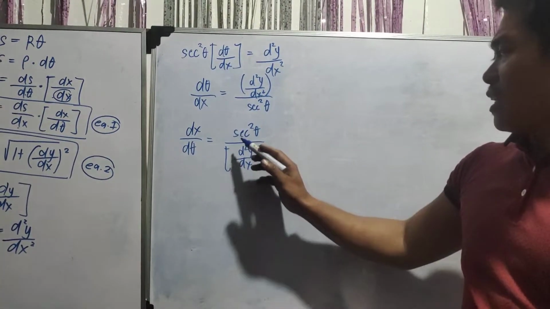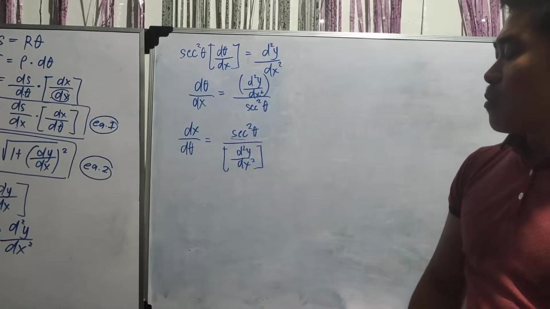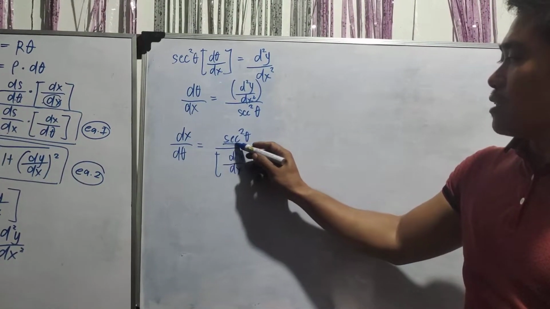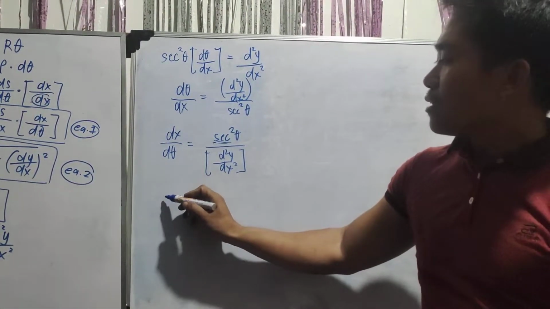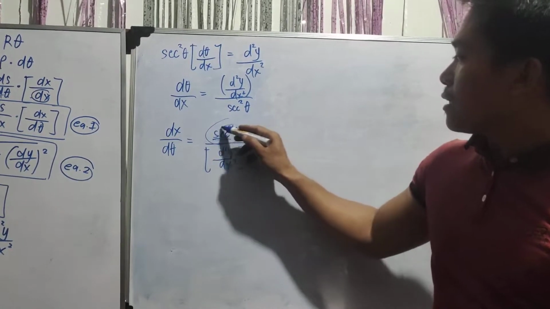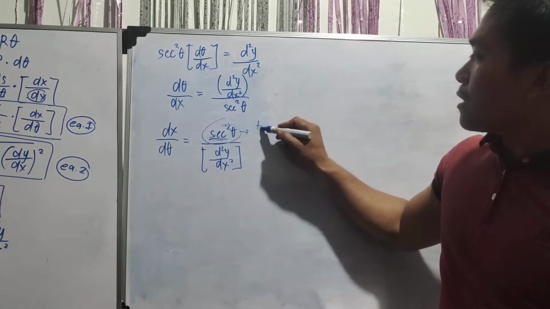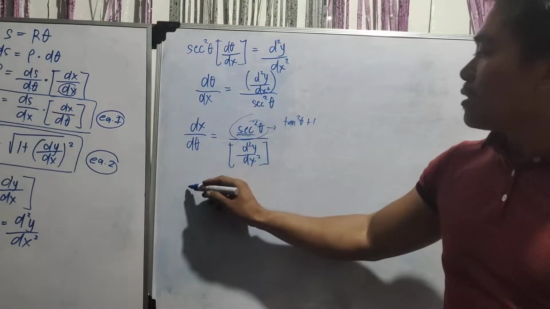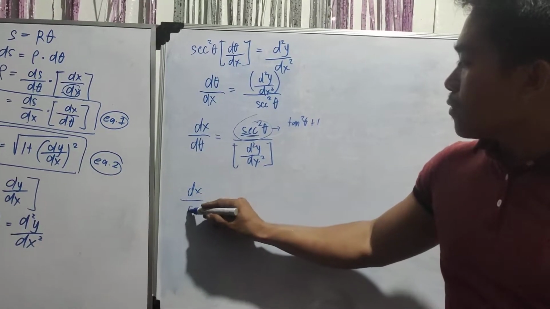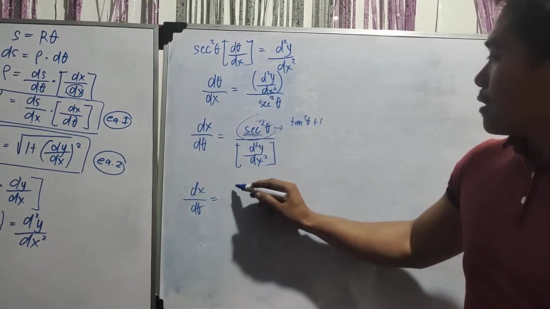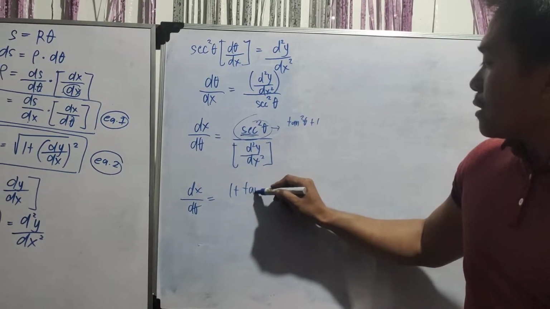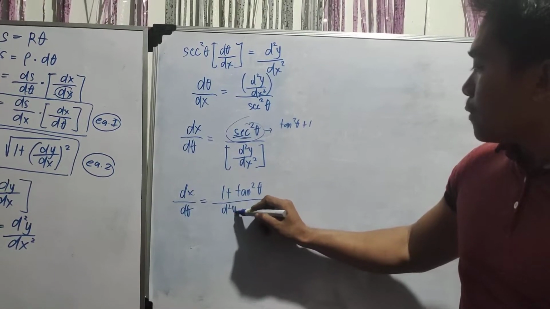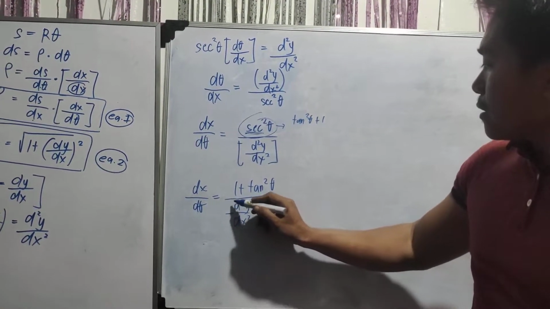Now, what is secant squared theta? From our previous video, we already resolved what is equivalent to this trigonometric function. Actually, this is just tangent squared theta plus 1, or 1 plus tangent squared theta. So, substituting, dx over d theta is just 1 plus tangent squared theta over d squared y over dx squared.